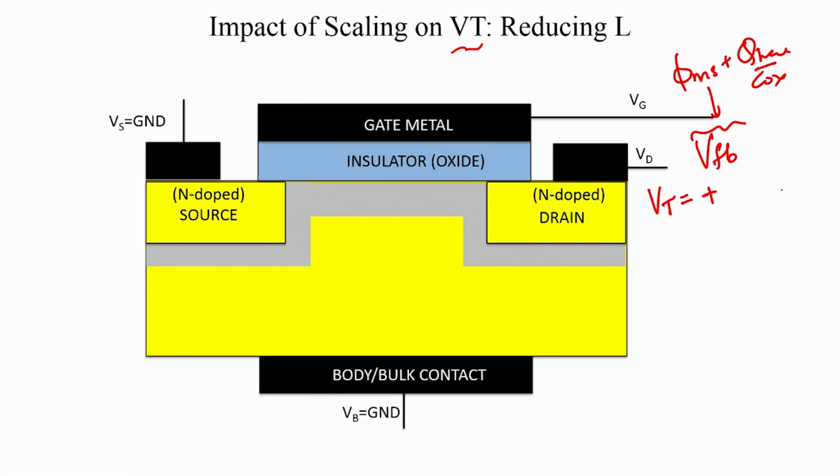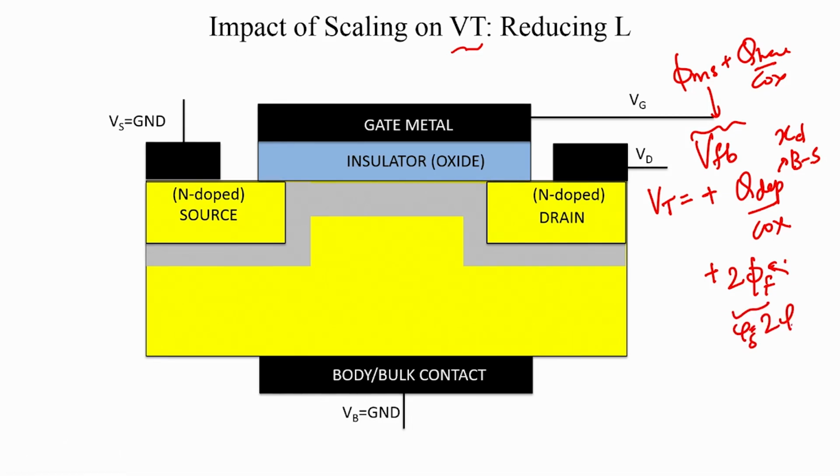Then you have your Q depletion by Cox, and this depends on the varying XD, it depends on the body to source voltage, etc. and then you need to achieve your 2 phi f. But here again it depends on the body to source voltage, which is your phi s has to be equal to 2 phi f.